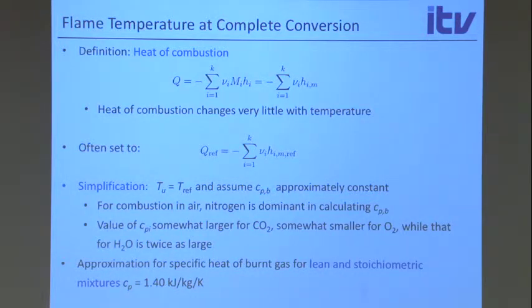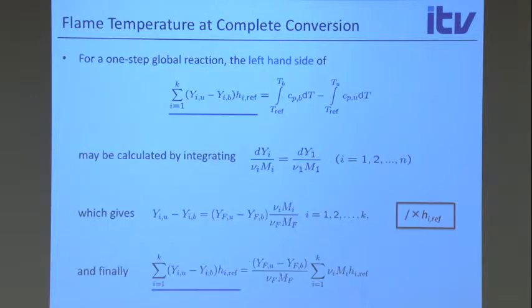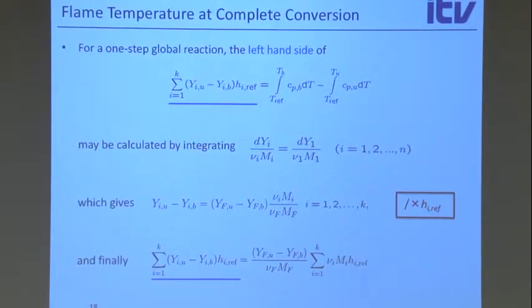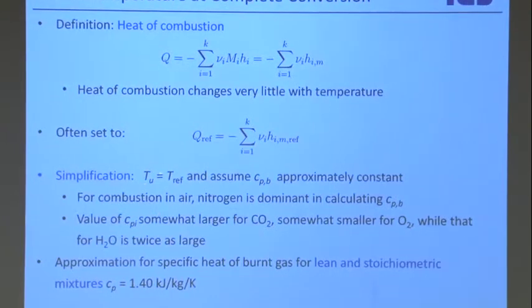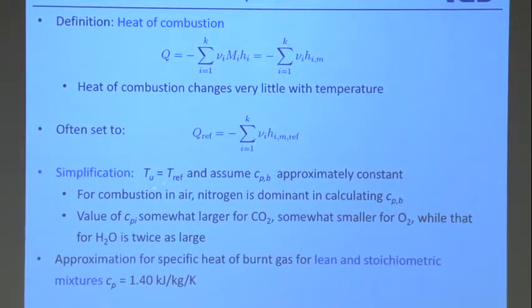Then for the second integral here, these integrals, we just want to assume Cp is constant, and then we can just evaluate these. So we assume the unburned temperature here is the reference temperature, or I define this as the reference temperature. I assume that Cp is approximately constant, and I assume Cp is equal to 1.4.